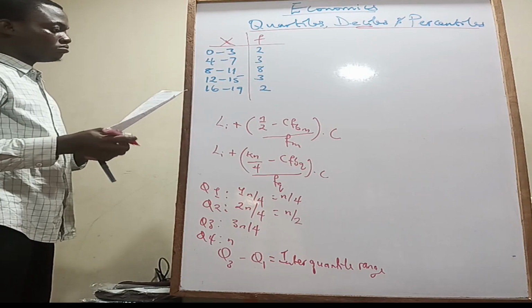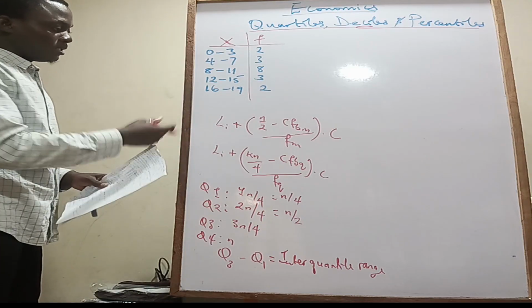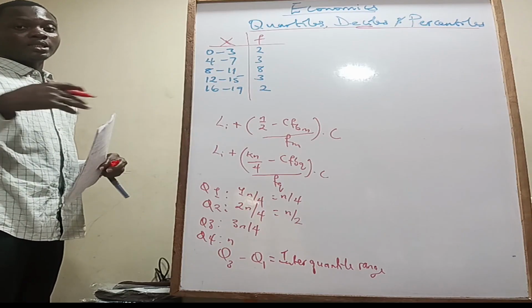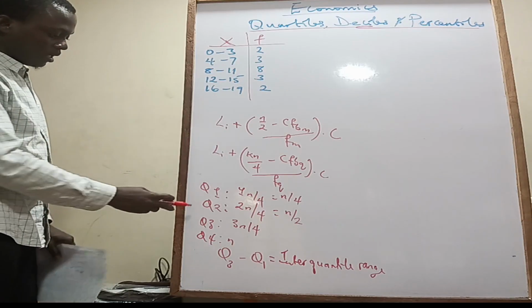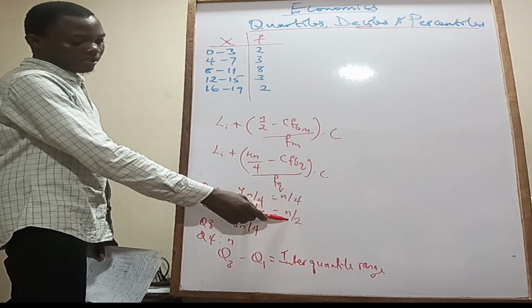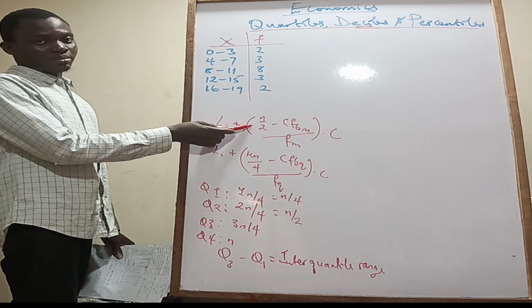Okay, now let's continue. Since this is divided into 4 equal parts, the second quartile is same as the median. If you look at the second quartile, Q2, 2n over 4, this is giving n over 2, which is also the same thing as the median.